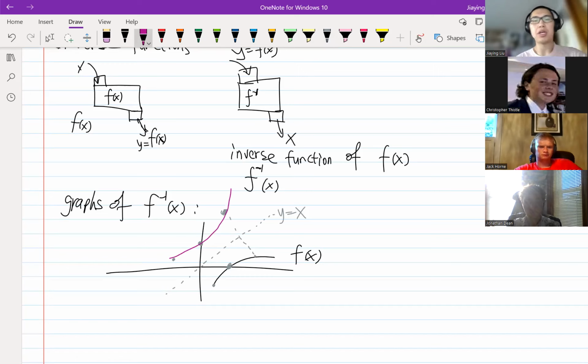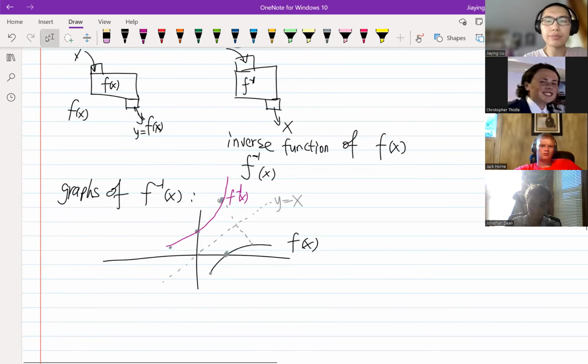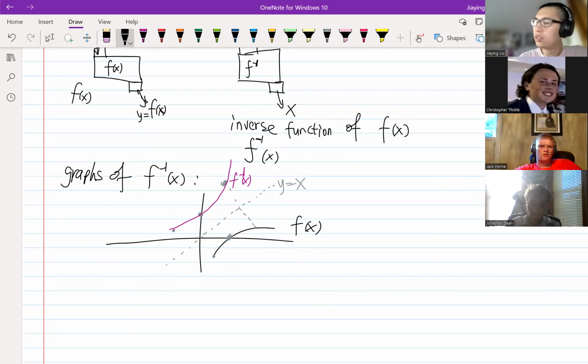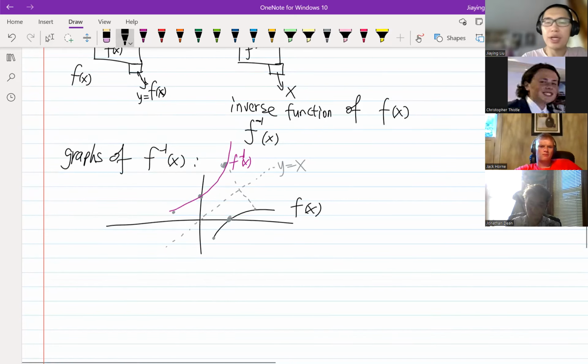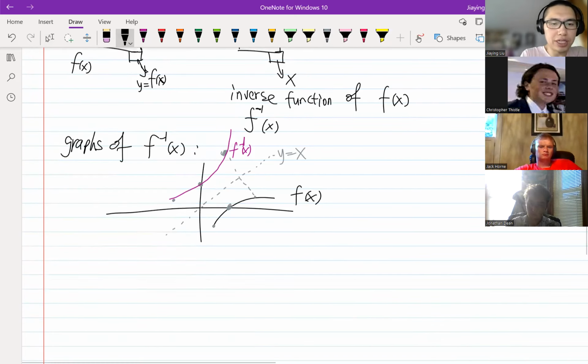So this is the fact that you should remember about inverse functions: the graph is symmetric over the line y equals x when compared to the graph of f of x.